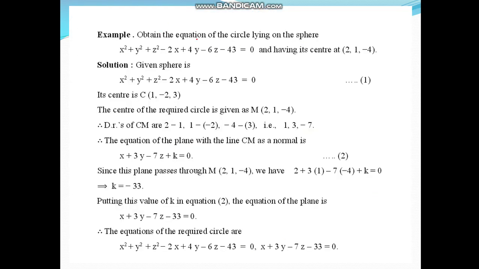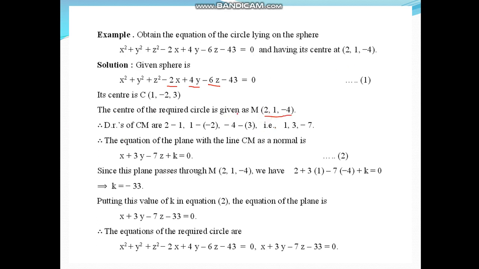Then next is: obtain the equation of the circle lying on this sphere and having its center at this point. The given sphere is this, its center comes from here: 1, -2 and 3. The center of the required circle is given as 2, 1, -4.